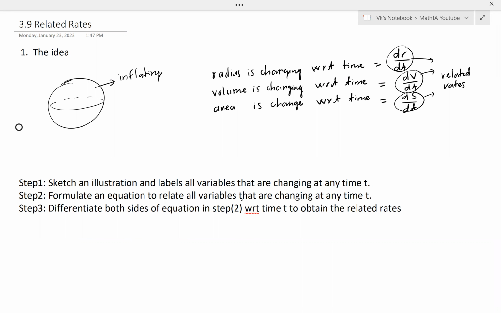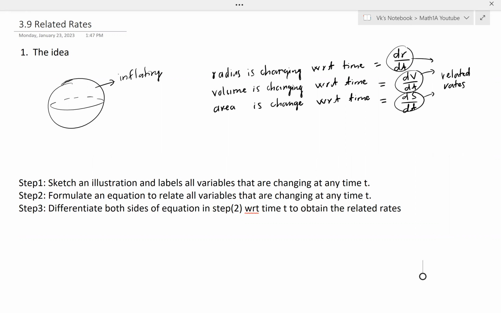In step two, we formulate an equation to relate all variables that are changing at any time t. And in step three, we differentiate both sides of the equation in step two with respect to time t to obtain the related rate.